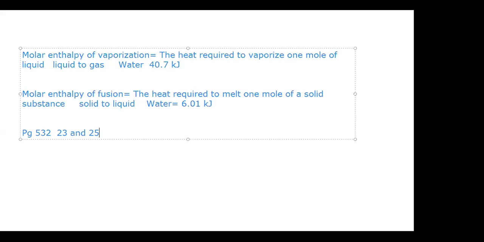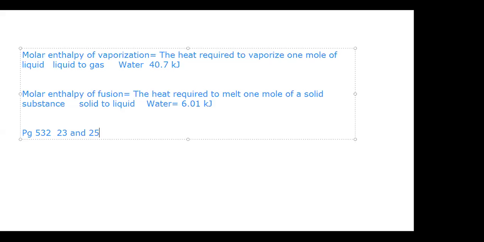And for the other kids, I will send you an email with those in it to Kyler, Joe, and Anthony. But it's pretty much exactly what we've been doing, or what I did in that one example problem. So number 23 just says calculate the heat required to melt 25.7 grams of solid methanol to its melting point.